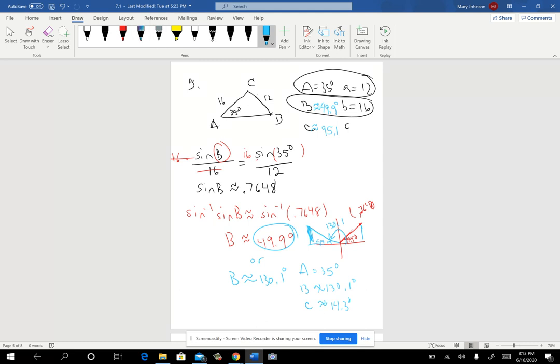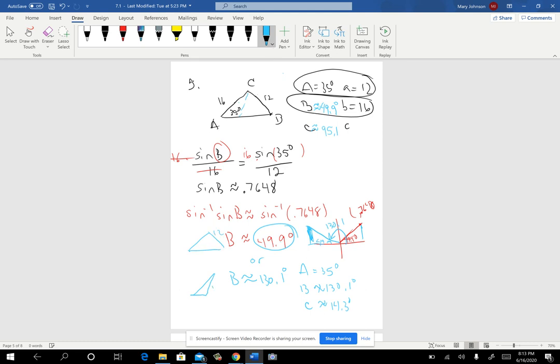All right, and what's happening is this side that's 12 could have been over here. So this triangle would be going with the picture of the obtuse triangle, the little one on the left. And then the 49.9 would be if you use the whole thing that I originally drew.